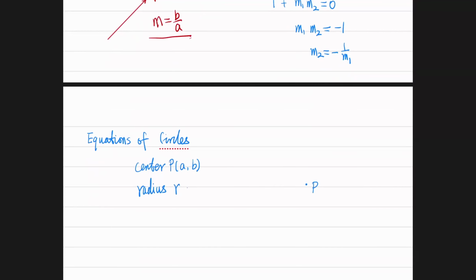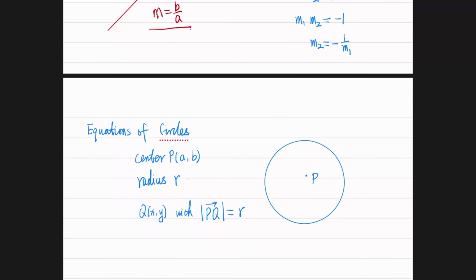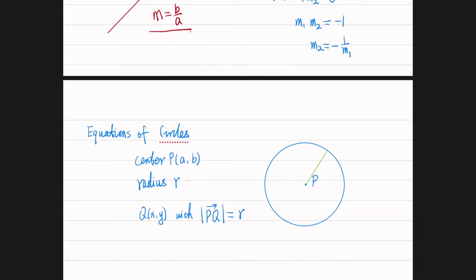We want to consider the set of points with distance r to the point P. Okay, so this is a circle.